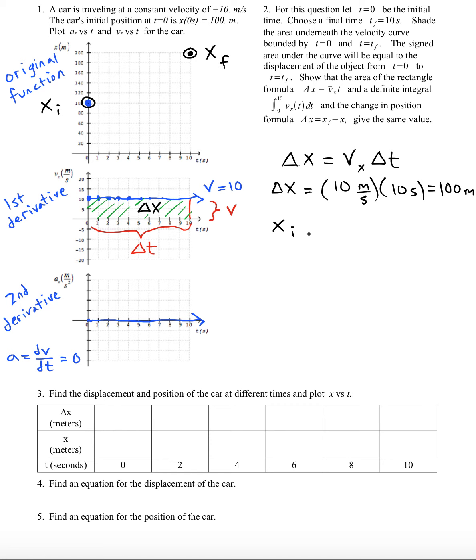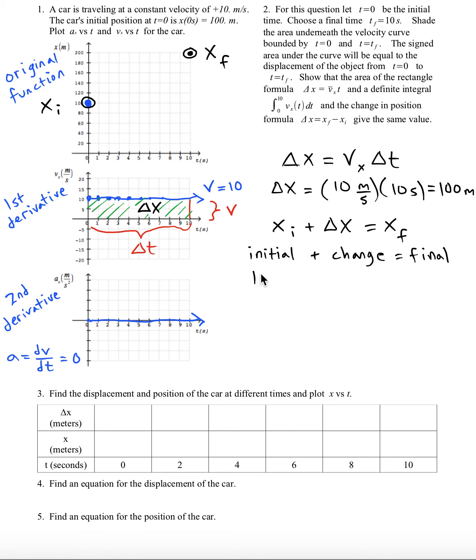The formula for figuring out how you get from the initial to the final is xi plus delta x equals xf. An initial value plus a change equals the final value. One of the most fundamental formulas in science and math.